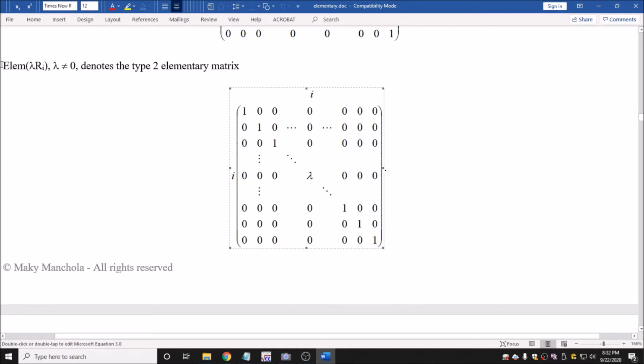We denote that by the notation E(lambda Ri), where lambda is different than 0. That is understood to be the elementary matrix obtained by multiplying the ith row of the identity matrix by lambda different than 0.